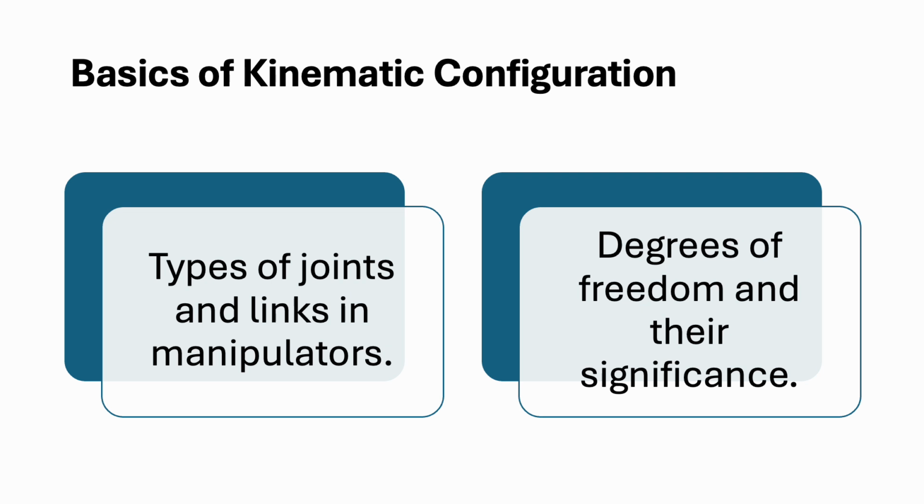Degrees of freedom, or DOF, are a critical concept in kinematic configurations as they define the number of independent movements a robotic manipulator can perform. Each degree of freedom corresponds to a specific type of motion, such as rotation or translation along an axis. The significance of DOF lies in their direct impact on the robot's capability to navigate and interact with its surroundings.